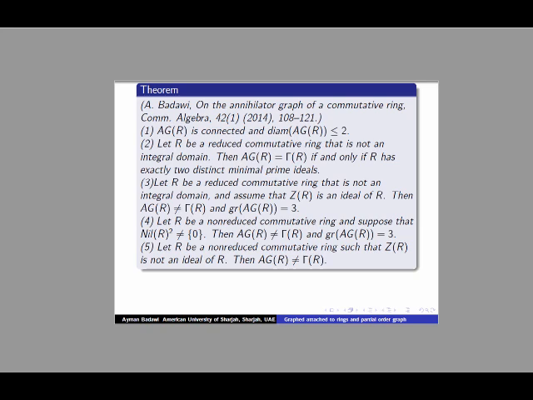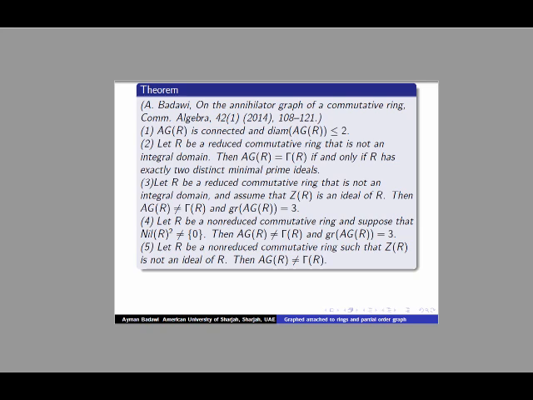Here, what do I mean by non-reduced? Non-reduced means x to the n equals 0 has at least one non-zero solution in the ring. So non-reduced is the opposite of reduced. Remember that reduced means x to the n equals 0 if and only if x equals 0.